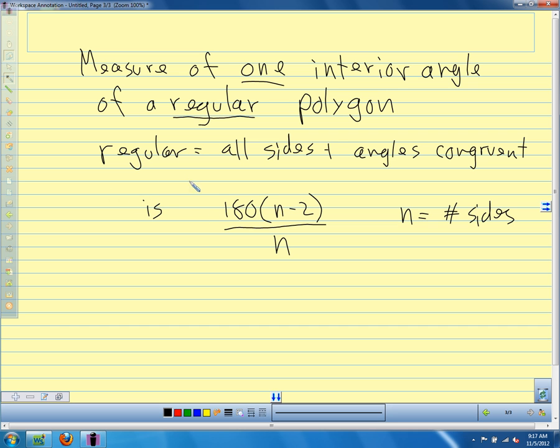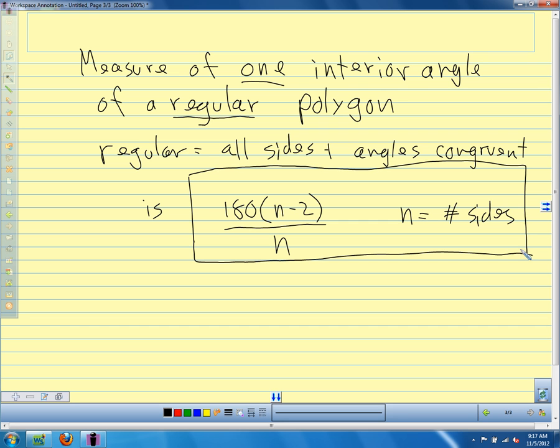So this is our second important formula for today. And guys, I guarantee you, if you're not writing these down, if you're not following along, you're going to be lost. So the measure of one interior angle of a regular polygon, 180 times n minus 2 is all of them together, and we're dividing by the number of sides.